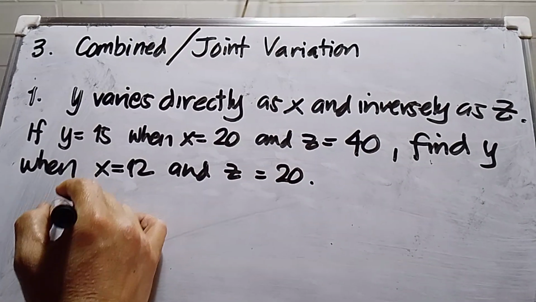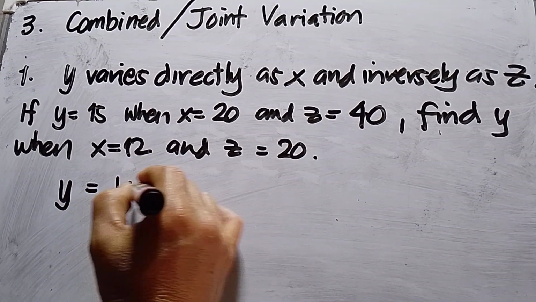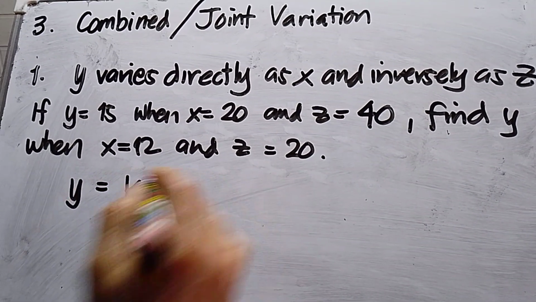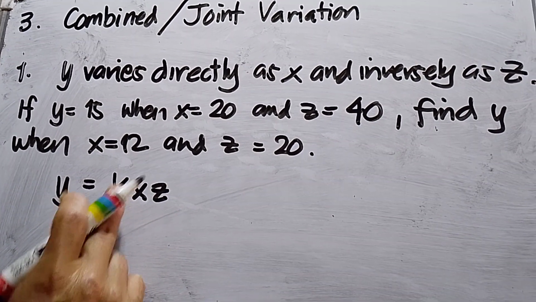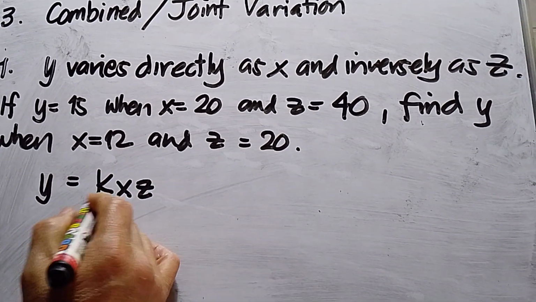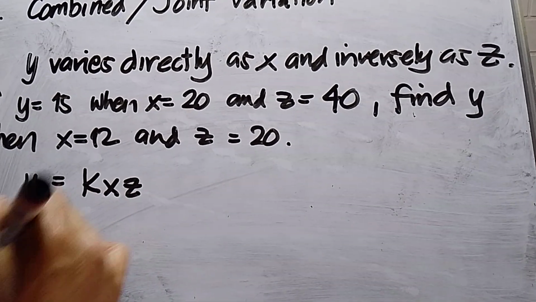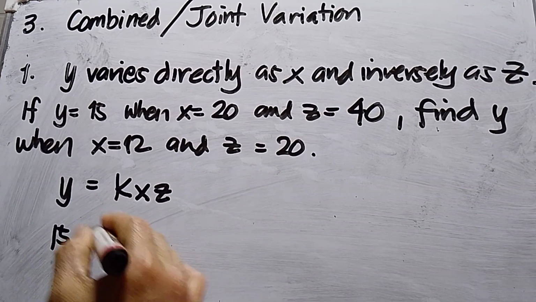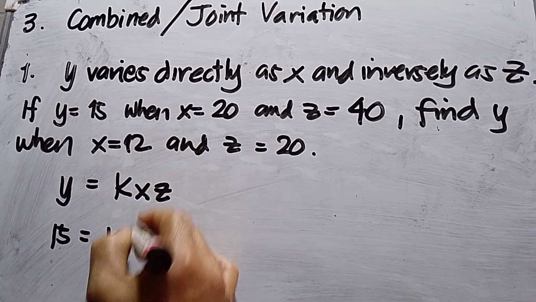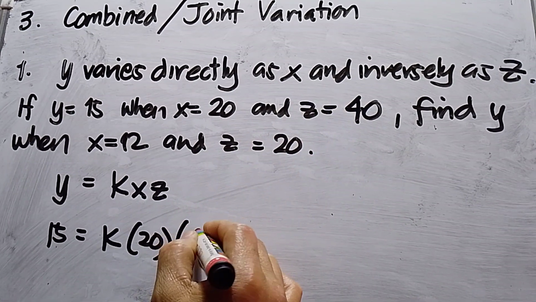Now, this is the formula: Y is equal to K times X times Z. First thing to do, again, is to solve the constant of variation, which is this letter K. So Y is 15, equal to K, then X is 20, then Z is 40.